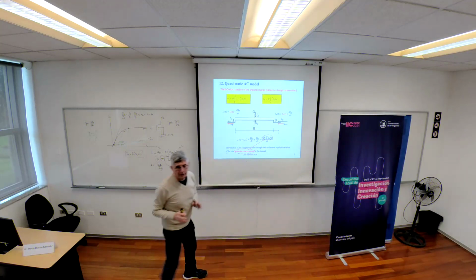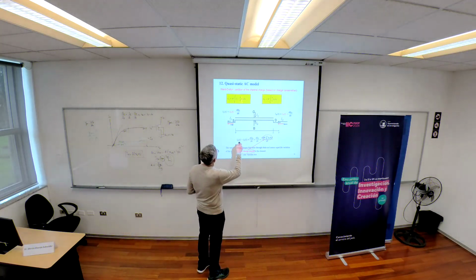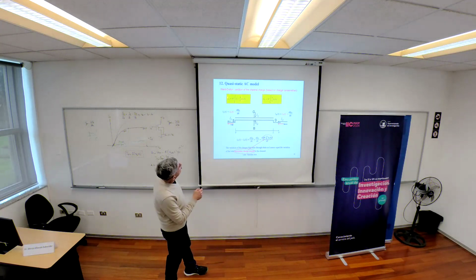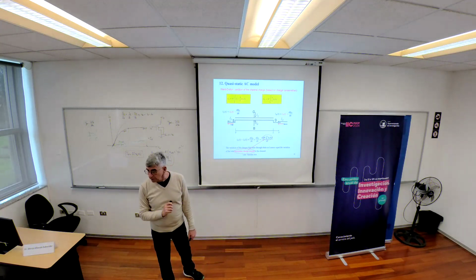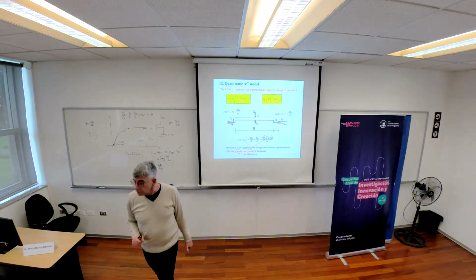There is a problem of notation here because Qi is charge density, and this is charge in coulombs. This here is charge density, this here is charge.